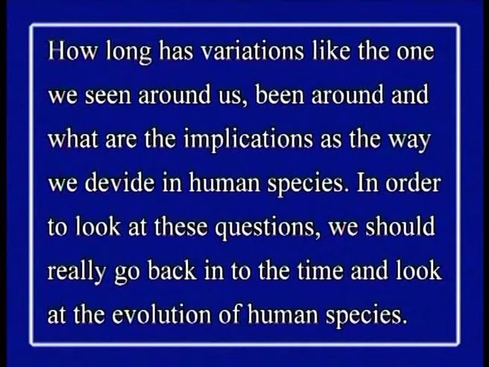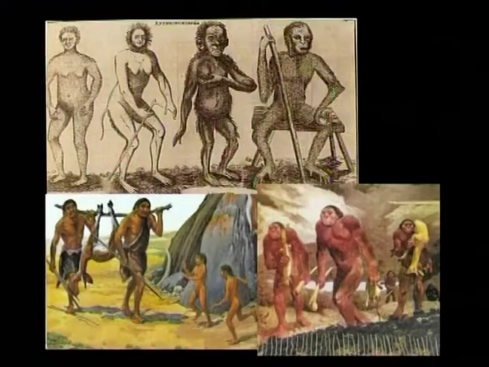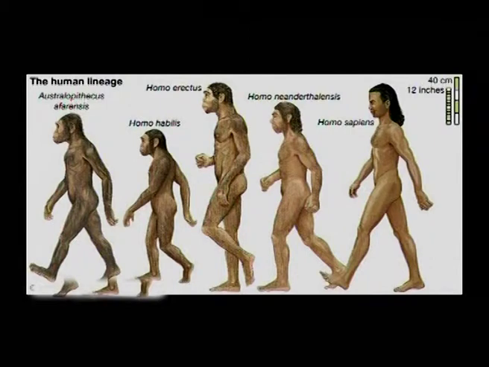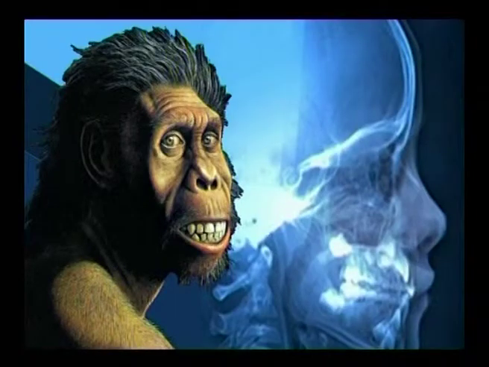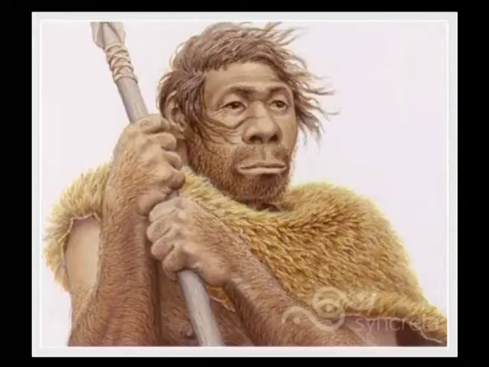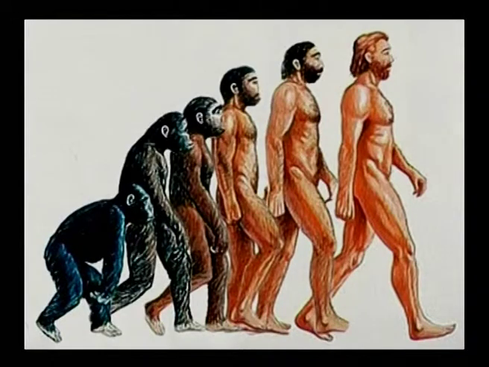In order to look at these questions, we should really go back in time and look at the evolution of the human species, from the time we began to walk on our 2 feet and became Homo sapiens much later. Much of our biology and behavior is framed within an evolutionary background.